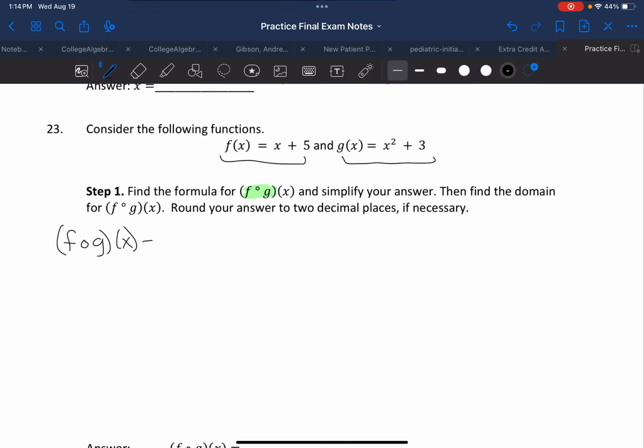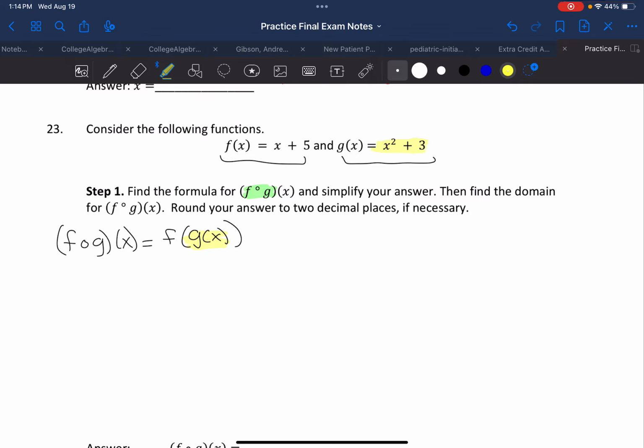So this is notation. And what it tells me to do is plug in g of x, so this function here, into f of x.